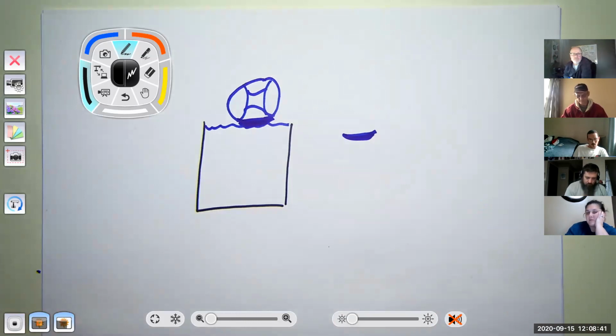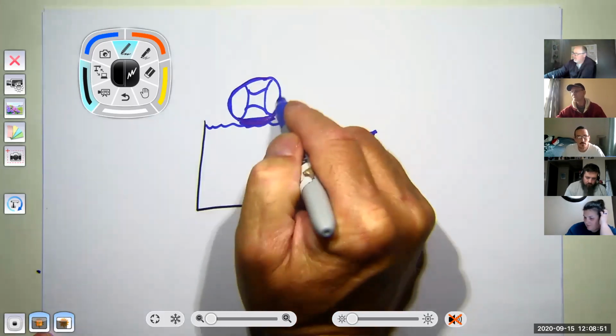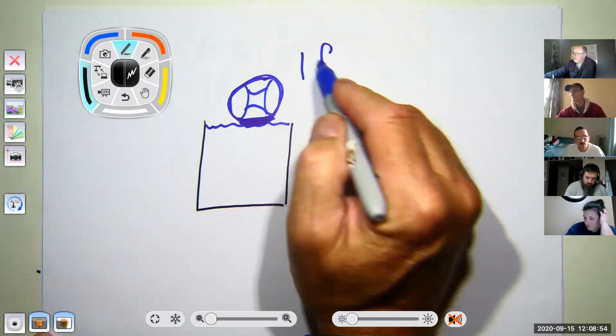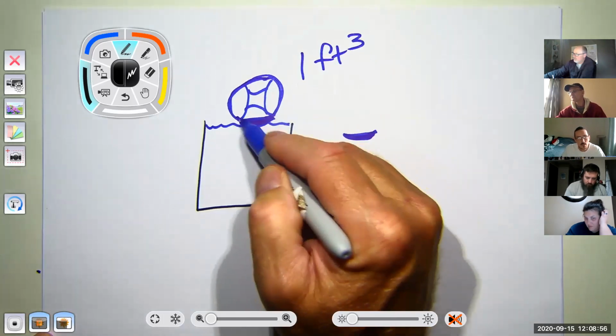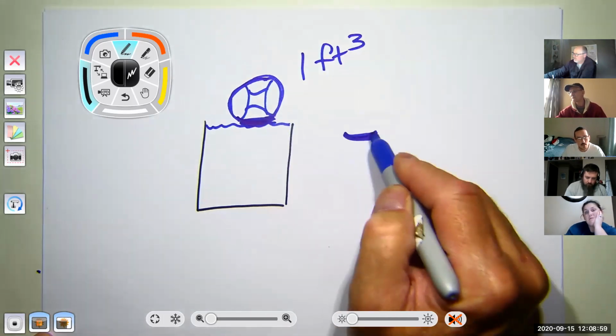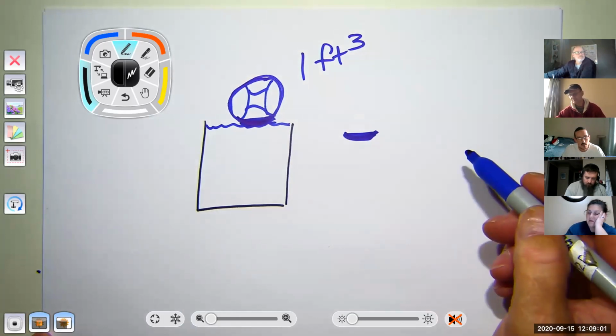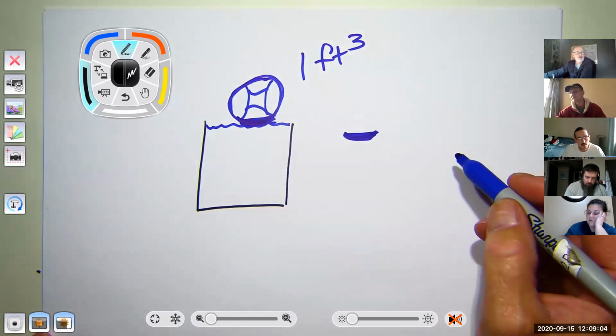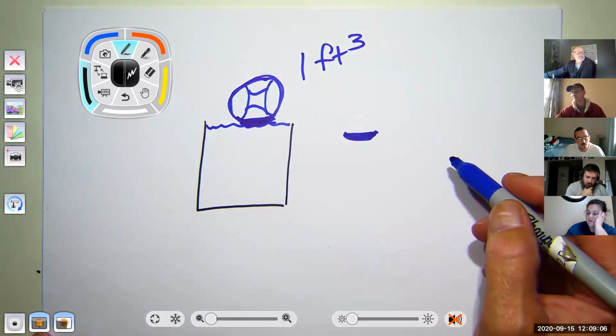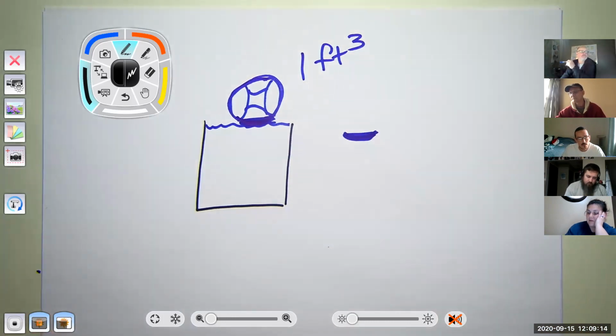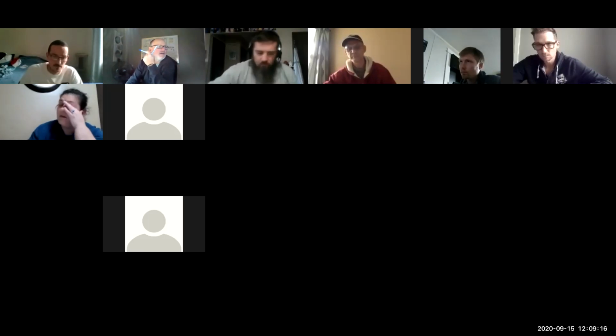So an object that floats displaces a volume of liquid less than its own volume. For example, if the volume of this ball was 1 cubic foot, when I put this in the water, it's only going to displace this much water. That's it. So the volume that it displaces is much less than that. Okay. Let me go back to that assignment here.